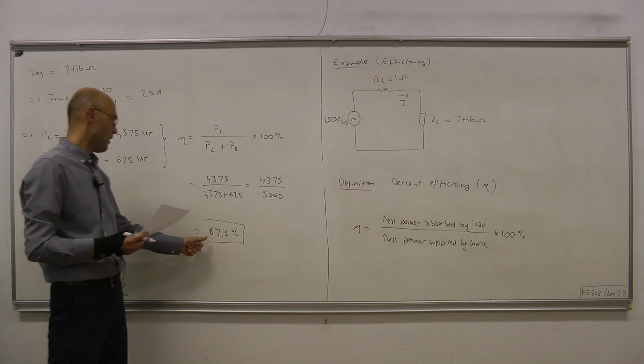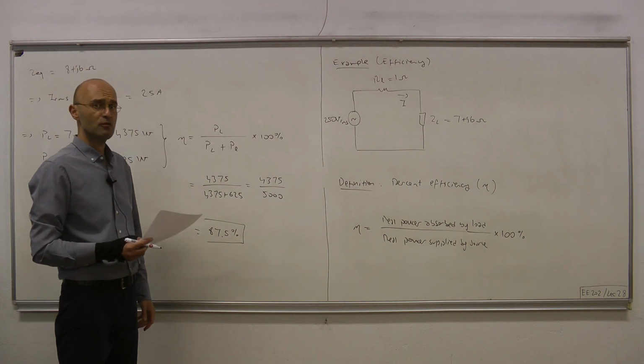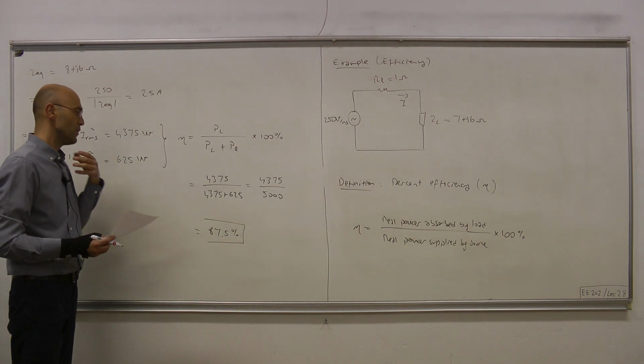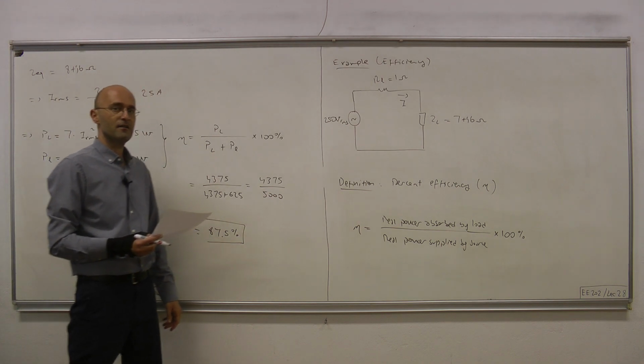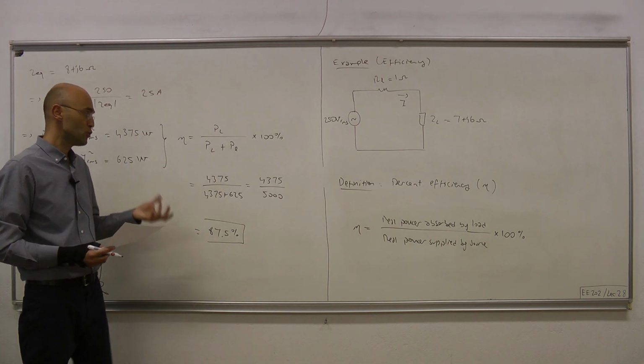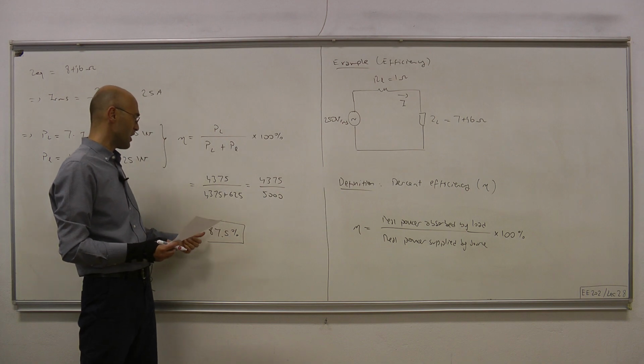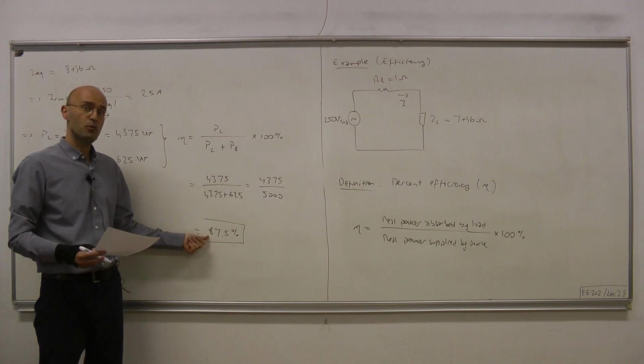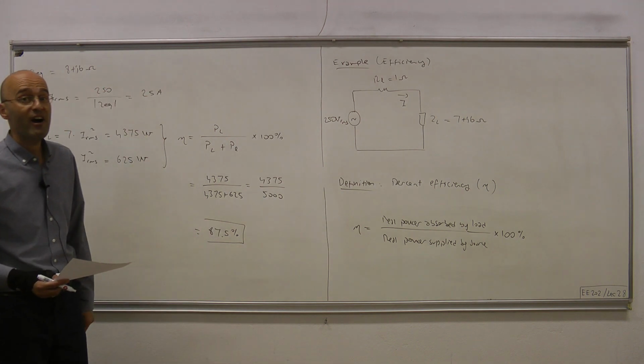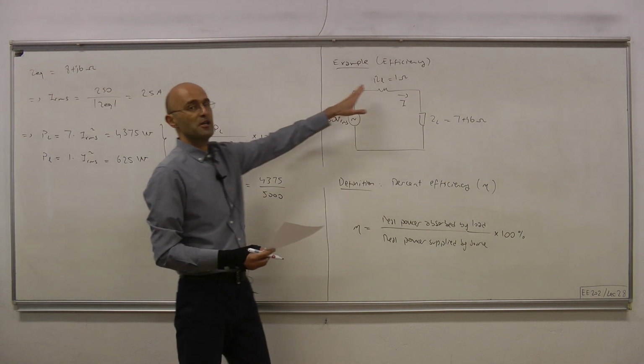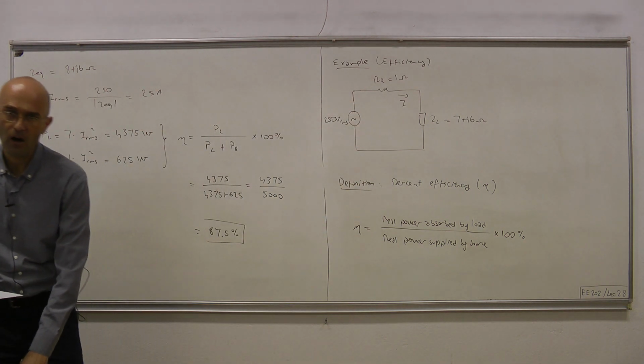Now this looks high, but it isn't from the real operation point of view. It can be made much higher, and it should be made much higher because it's quite a loss. We're losing 12.5% of the power during transmission. So that's very, very high.